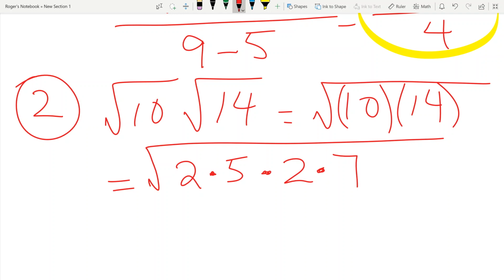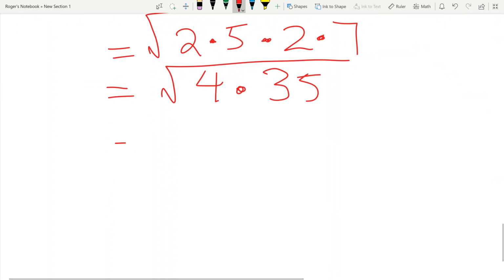We often use prime factorizations because we can see all the various numbers that can be combined and then see if we have something that has a nice square root. Well, 2 times 2 is 4. So this could be written as the square root of 4 times 5 times 7. 5 doesn't have a nice principal square root, and neither does 7. They're both prime numbers, so what we can write there is 5 times 7, or 35.